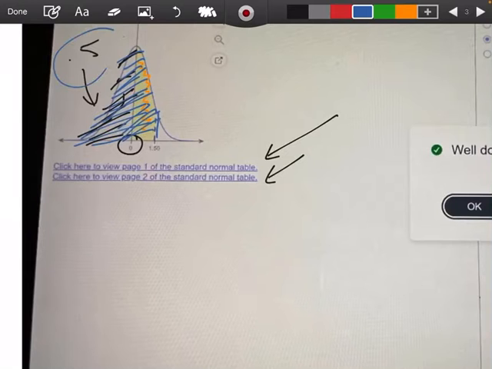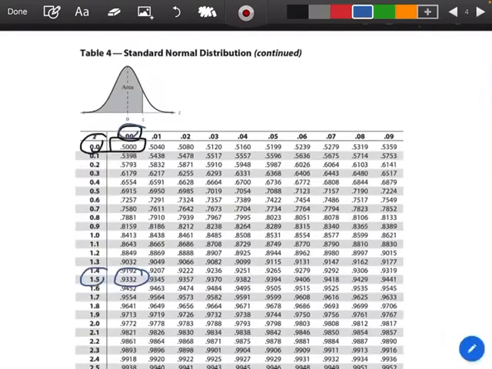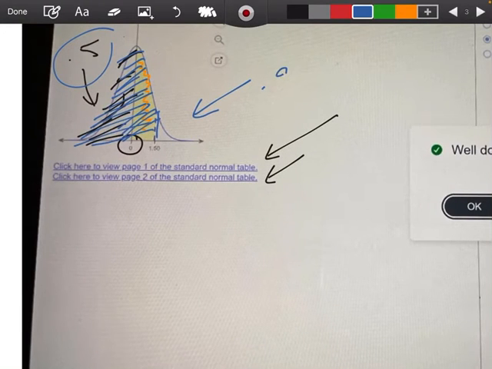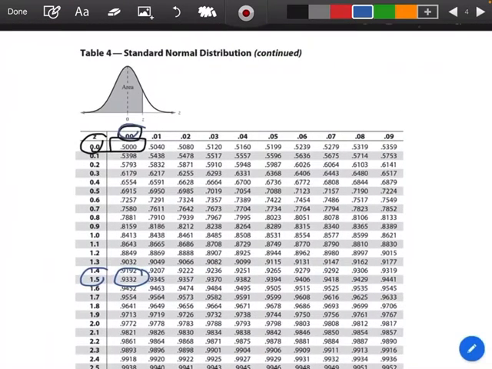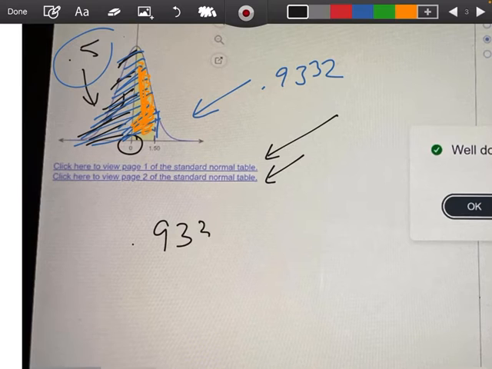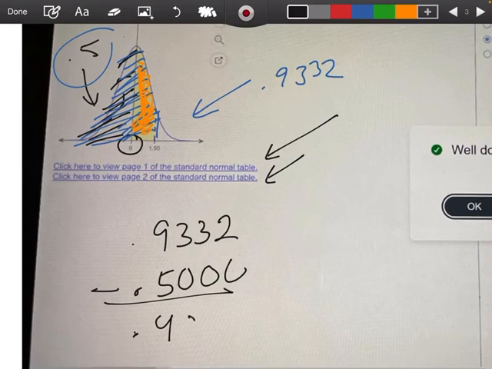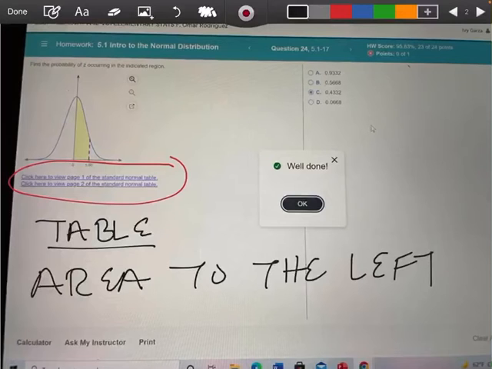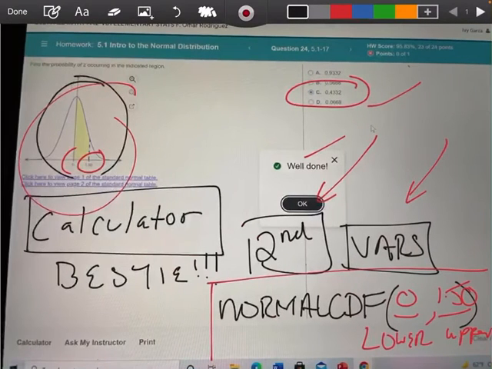So then I say, okay, look, if this area here was 0.5 and this area here was 0.9332, now, if I'm looking to find this part, what I need to do is take 0.9332 and subtract 0.5000, and we come up with 0.4332, which is exactly the same answer that we got right here using our calculator, right?